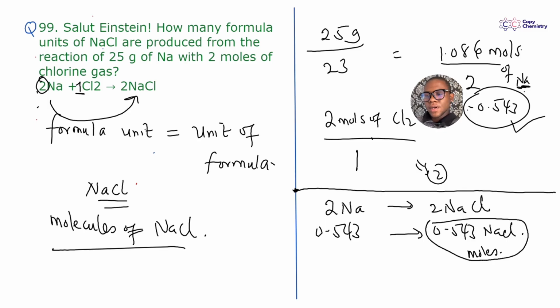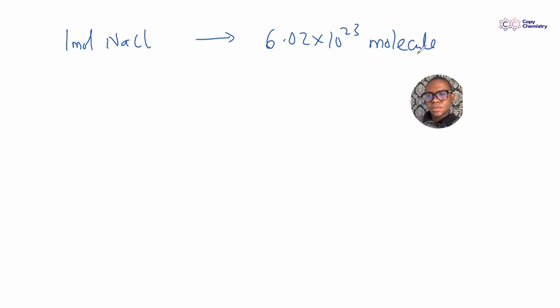According to Avogadro, 1 mole of a substance contains Avogadro's number of molecules. 1 mole of NaCl contains this number in molecules of NaCl.